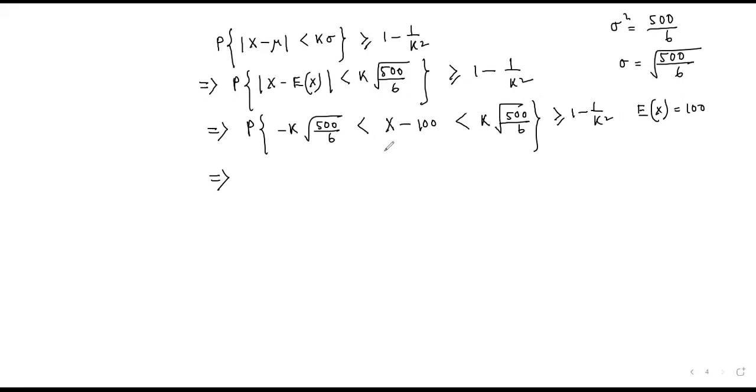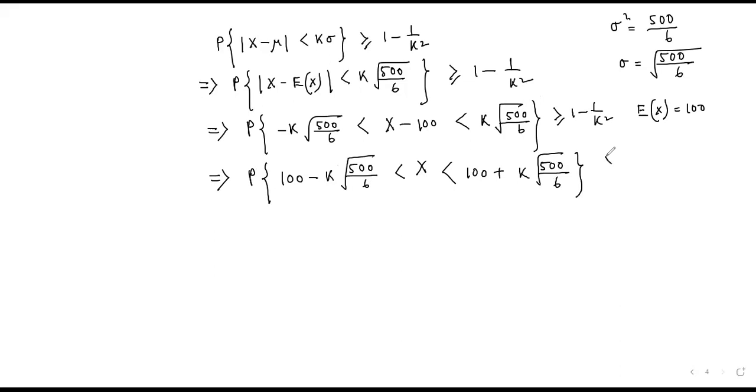If I add 100 on all sides, we are going to get this quantity on all the sides. But according to the problem, your lower limit is to be 80.